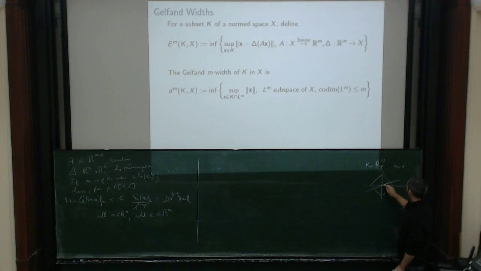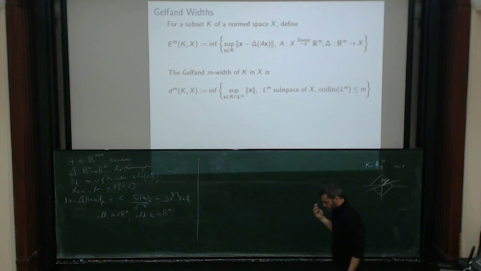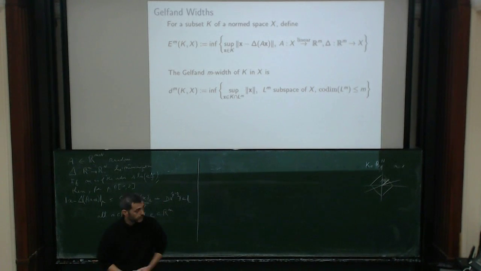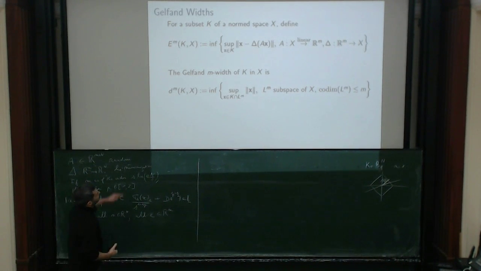So where will the minimum occur? It will occur here. Okay, and what's the value here? It's 1 over square root of 2. Okay, so it shows you a little bit what this is on a small example.